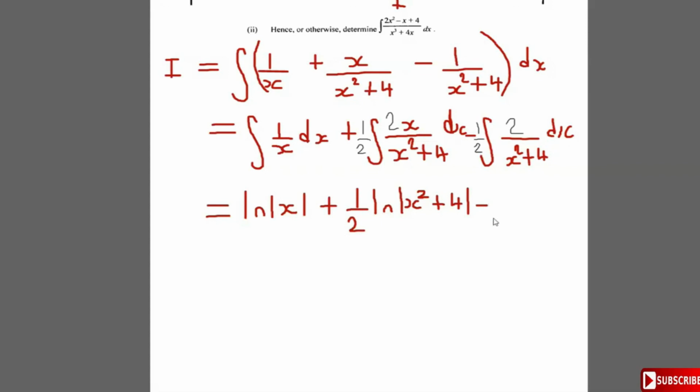So this becomes minus a half tan inverse x over 2. And since it's an indefinite integral, remember to put plus some constant. I'll call that constant plus a. All right, nice and easy. And that's that question solved.